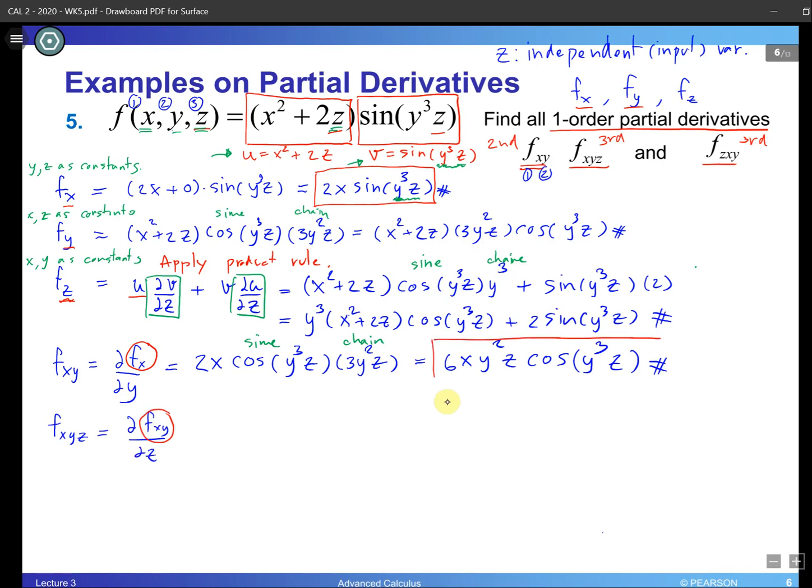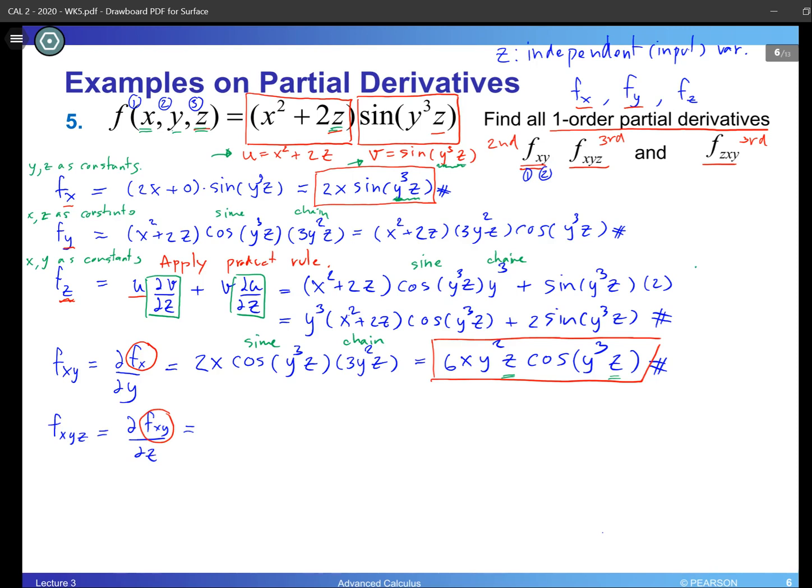F with respect to x and y, we can use it and differentiate that with respect to z. So let's try this. We are going to differentiate this with respect to z. So I need to find out where the z are. So we see some z right here, the first one, and then the next one is right here at the back. So as you can see here, we have two places for z.